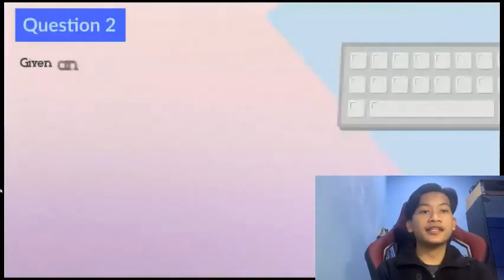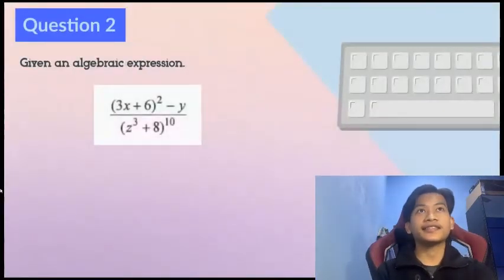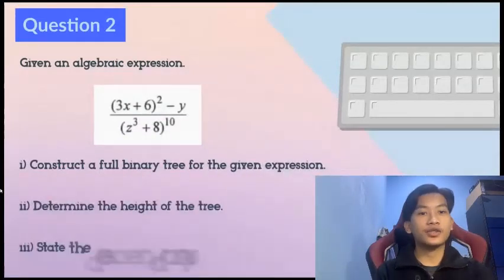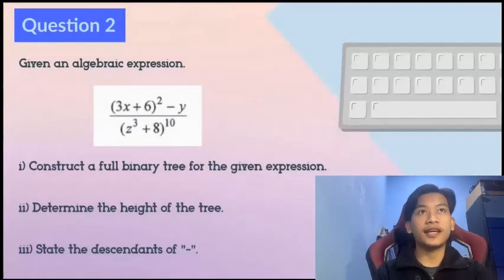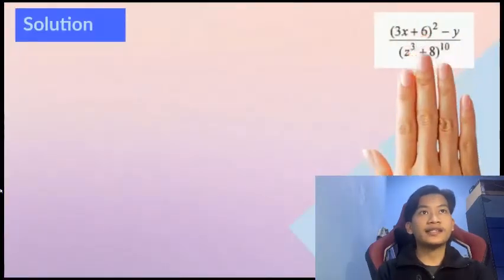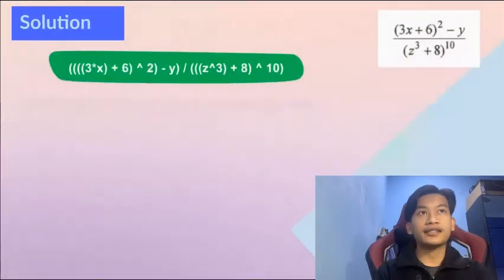Next, this question needs us to construct a full binary tree. The given expression is 3 times (x plus 6) squared minus y, divided by z to the power of 3 plus 8, all to the power of 10. First, we need to change the equation to an easier form: 3 times (x plus 6) power of 2 minus y, divided by (z power of 3 plus 8) power of 10.